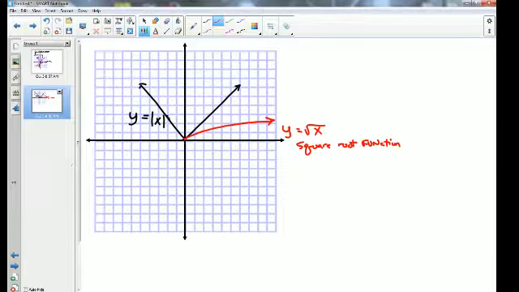What's the square root of 2? The square root of 2 is 1.414. So at 2, you're going to get a decimal. But you can go out to 1, 2, 3, 4. I should have a dot at 4, right? Square root of 4 is 2. So if you get out to 9, it should be 3. And so you can still graph these.